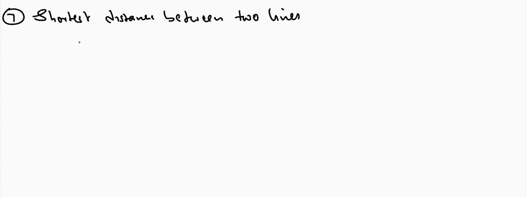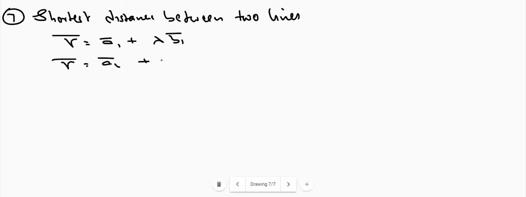Next, the shortest distance between two lines. One is r vector equal to a1 plus lambda b1, and the second is r vector equal to a2 vector plus lambda b2.